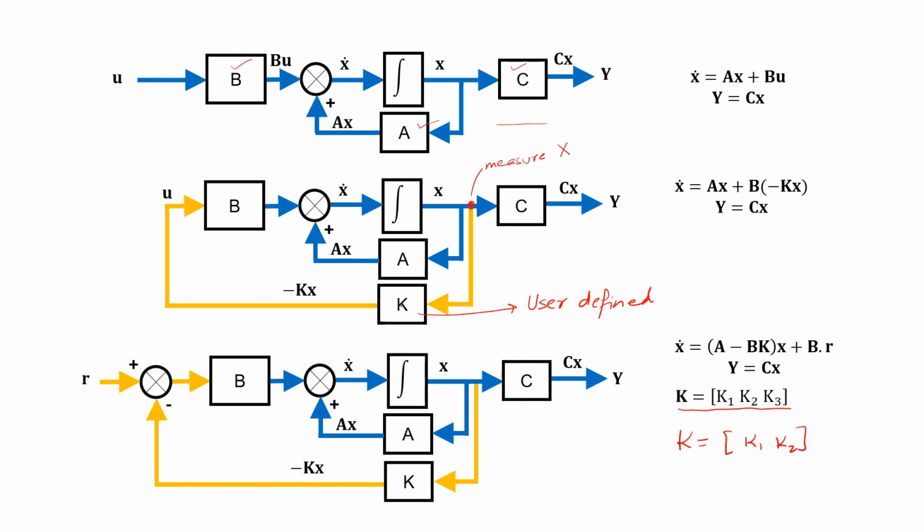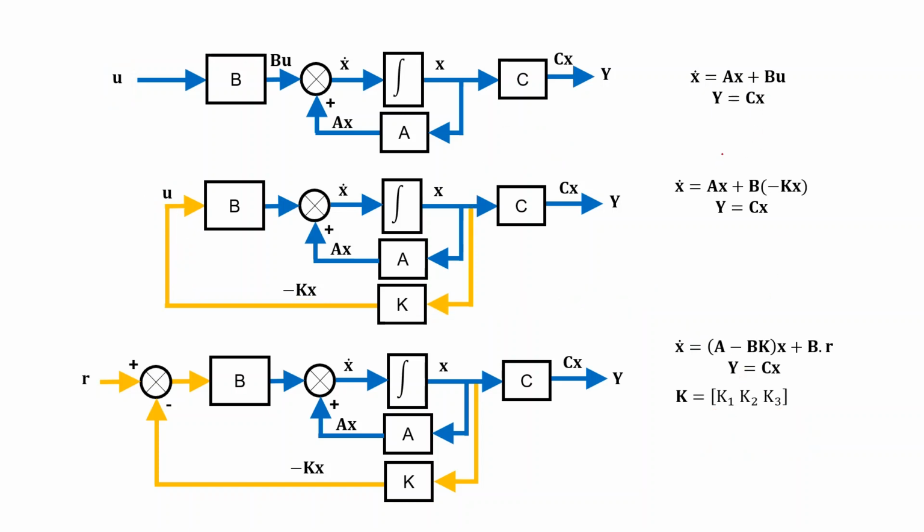So this is a vector which we multiply by x and then by -1, so that we get minus Kx, and this minus Kx is fed back like an input. So here the input was external, here the input is just the feedback. We measure x, multiply it by K, multiply it by -1 and feed it back to the system. Now what happens when we do this?